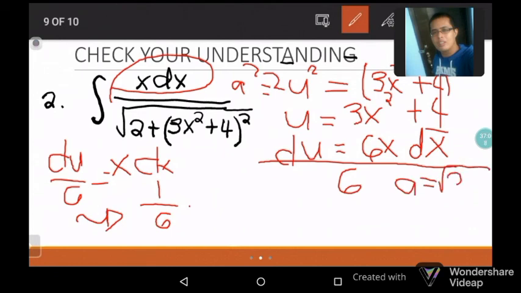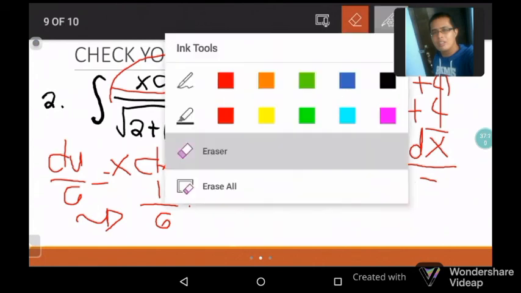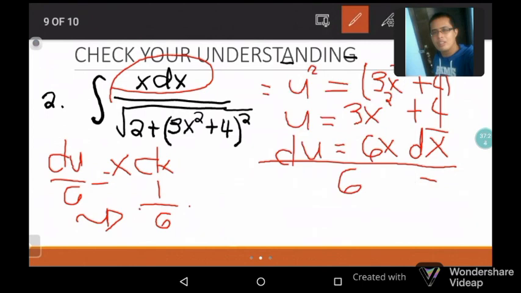So, magiging 1 over 6 square root of 2 arctan. Ang u natin is 3x squared plus 4 over square root of 2. Then plus c.